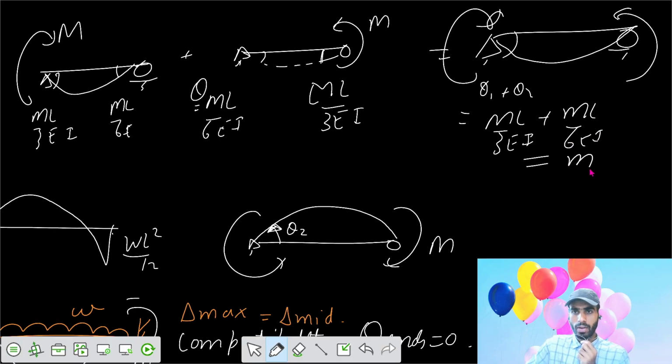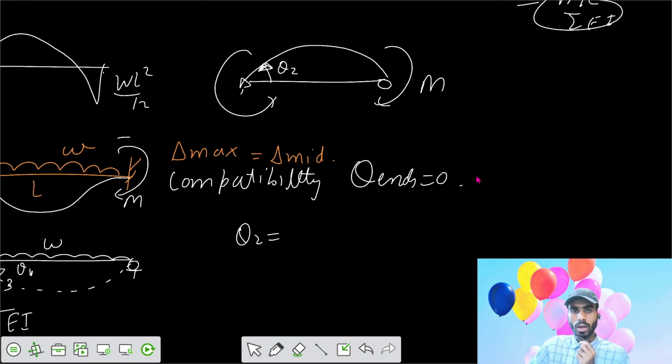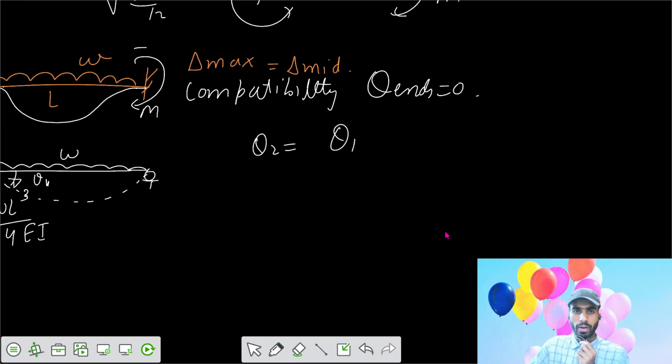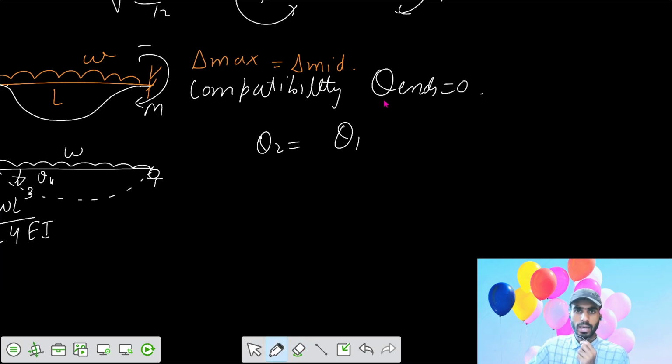Finally, you get the value ML by 2 EI. If you equate that, theta 2 should equal theta 1, so that the deflection at the end equals 0.